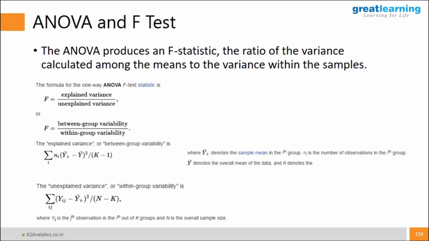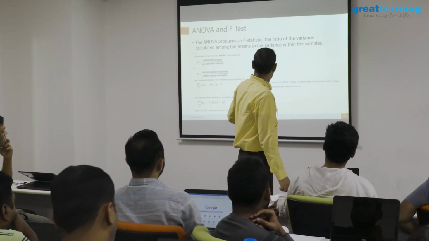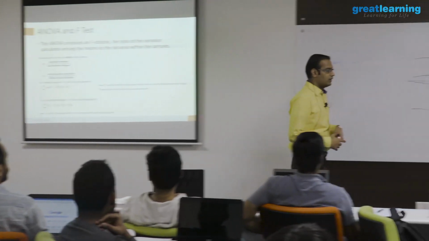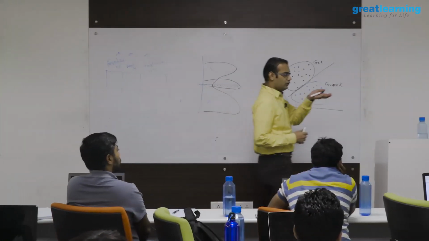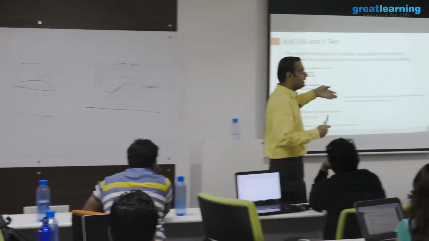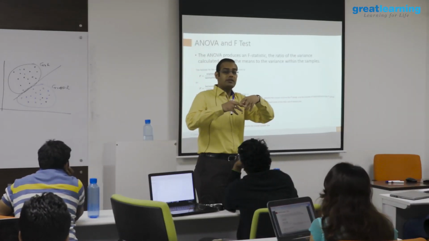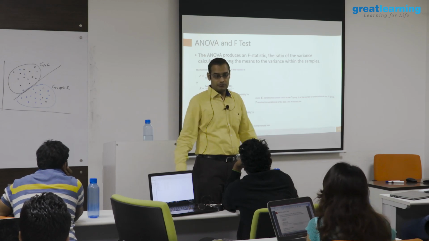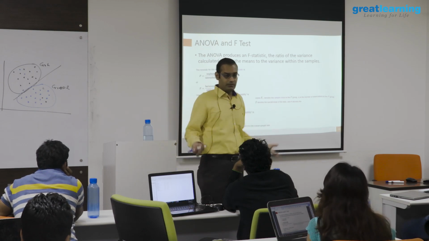F test is a ratio of between group variability divided by within group variability. If the value of F is higher, it means the segments are different; between groups there is high variability.